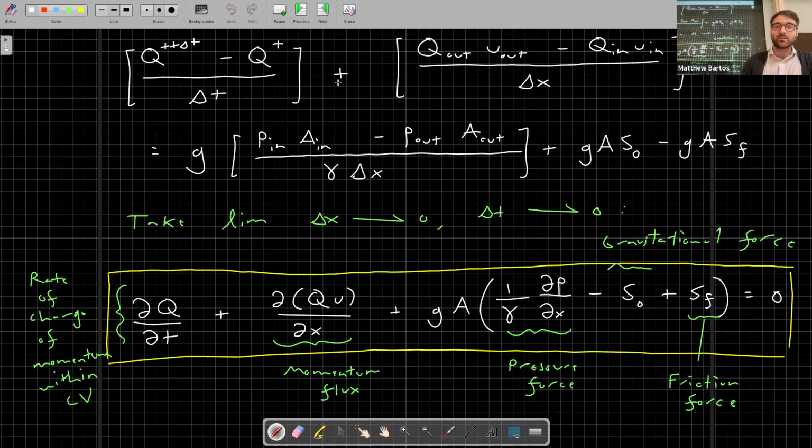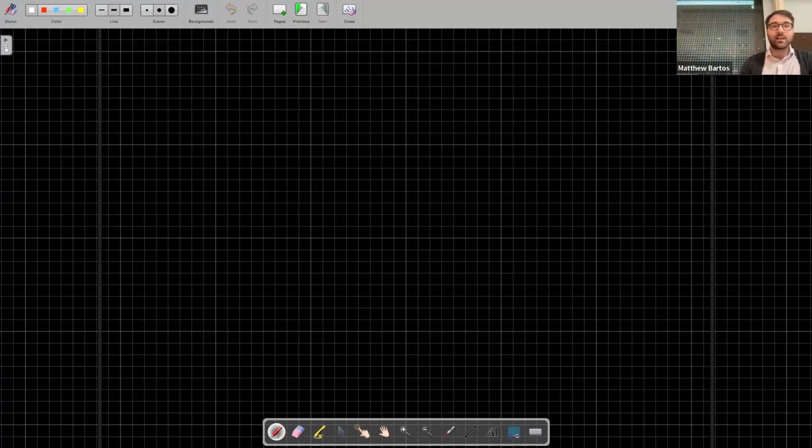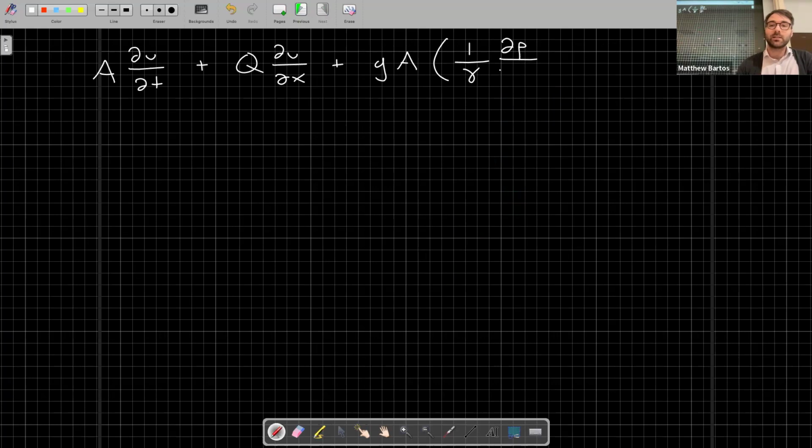If we take our previous equation and substitute these simplified terms in, we'll get A, the cross-sectional area, times du/dt, plus Q, the discharge, times du/dx, plus g times A times 1 over gamma times dp/dx minus the bottom slope plus the friction slope is equal to 0. And let's just divide by the cross-sectional area.